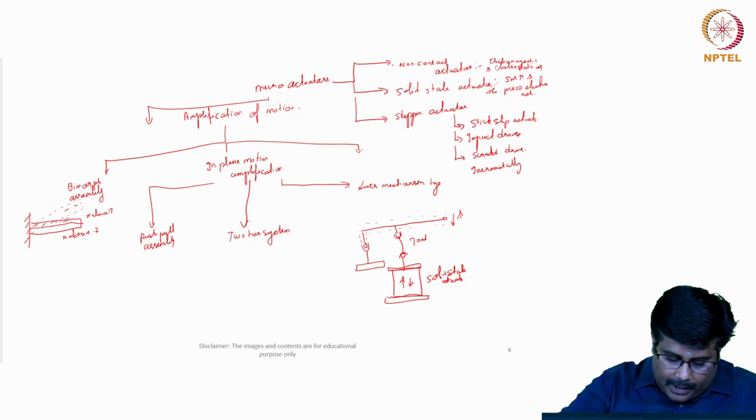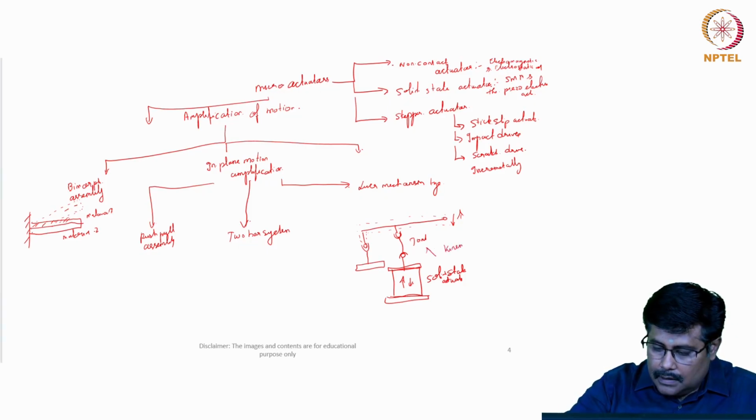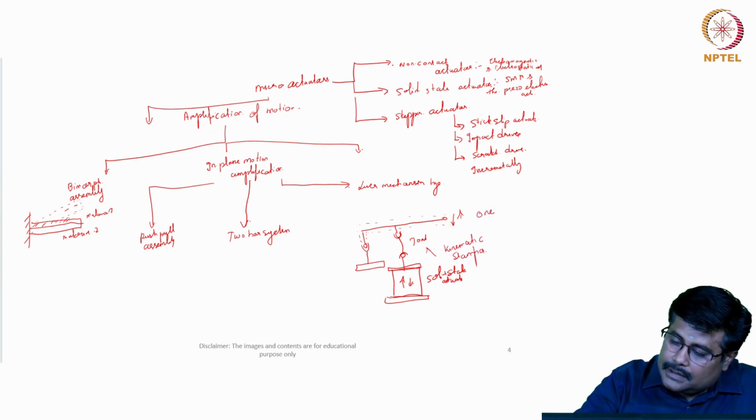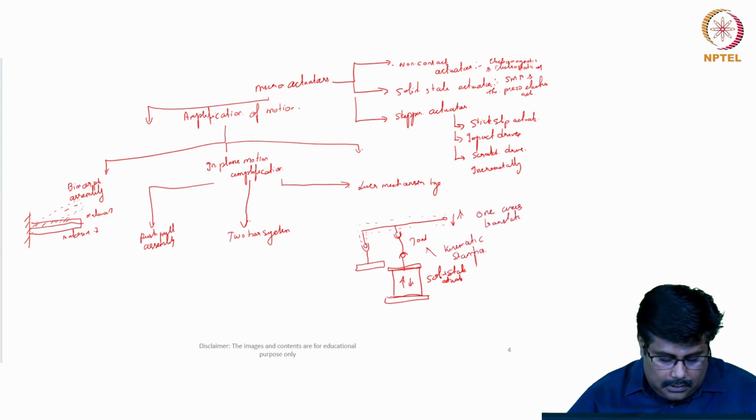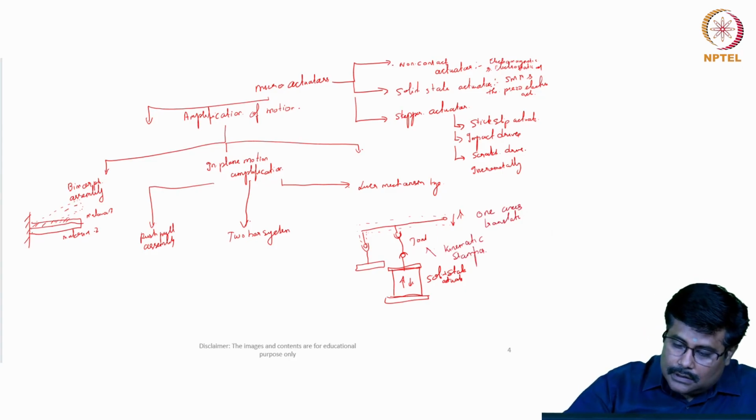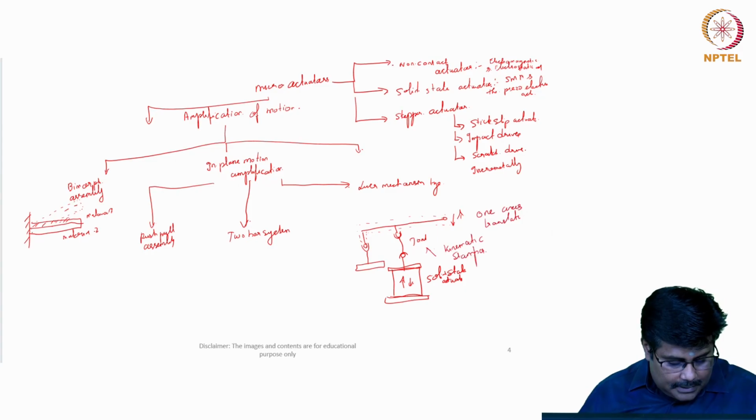This is the structure where the solid state actuator is represented, and then we have a kinematic standpoint, and this is called the one axis translation. This arrangement is called a lever amplification mechanism.